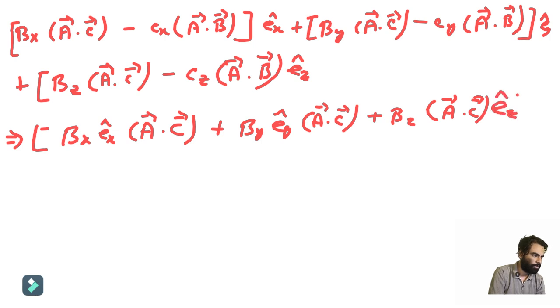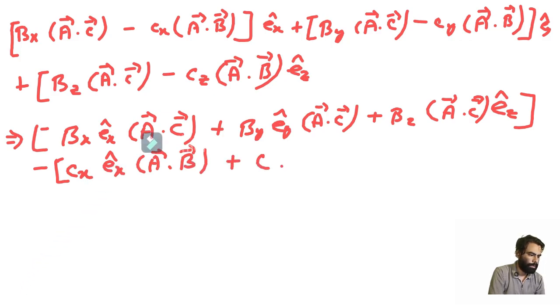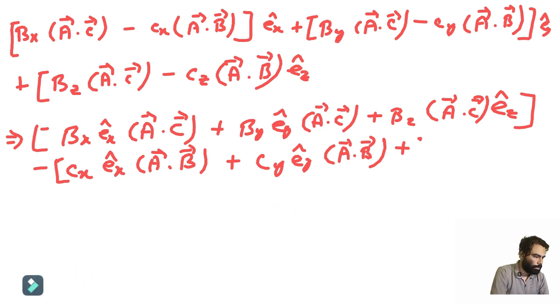Okay, this is what we have done for B, and now minus CX EX (A dot B) plus CY EY (A dot B) plus CZ EZ (A dot B).